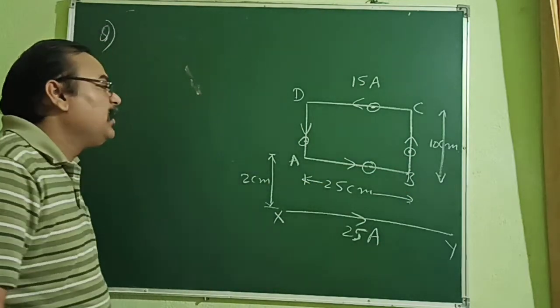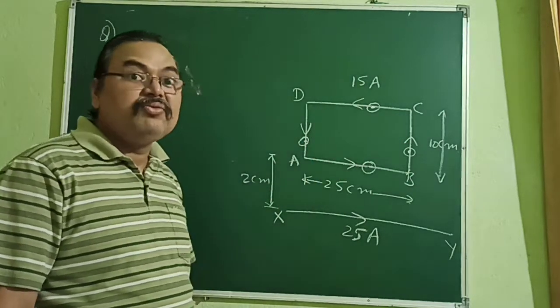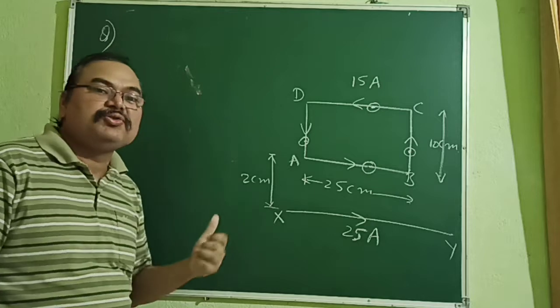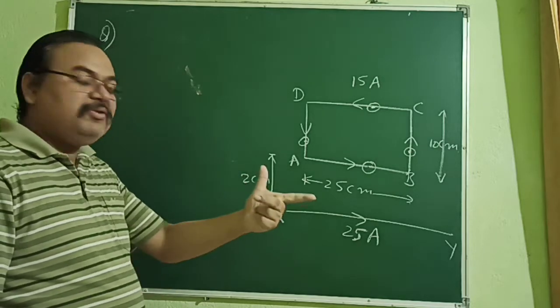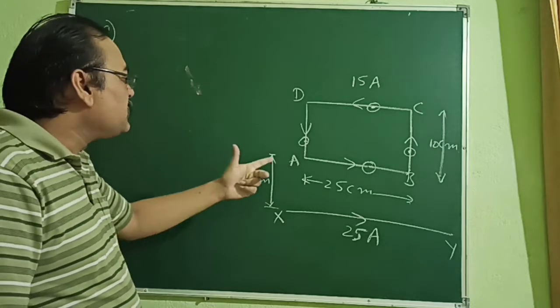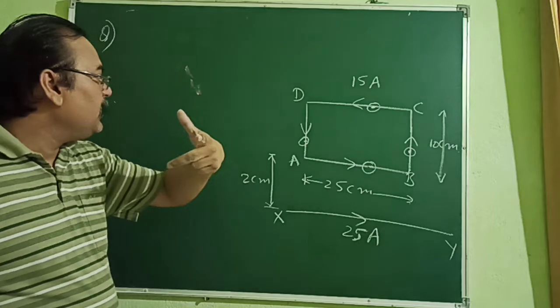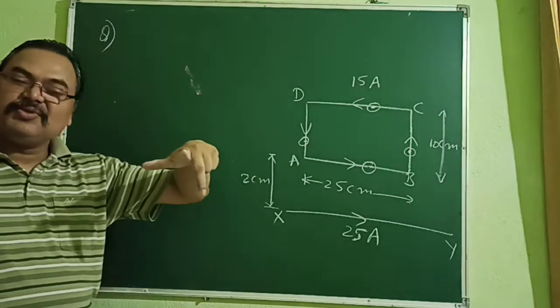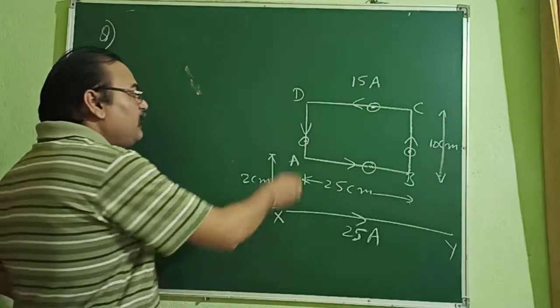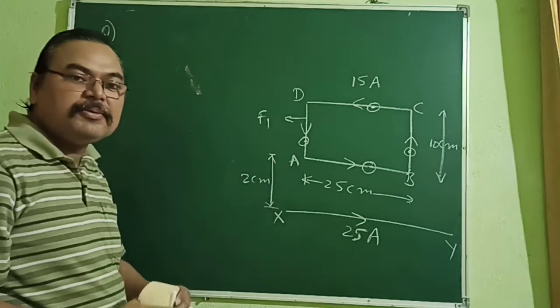So what will happen? Equal force will be acting on both of them. Now it's time to get the direction of force on both of them. We are going to use Fleming's left hand rule. Using Fleming's left hand rule, the direction of magnetic field is towards you, direction of current is downward, so force is towards me. Force acting on this, let it be F1, is in this direction.